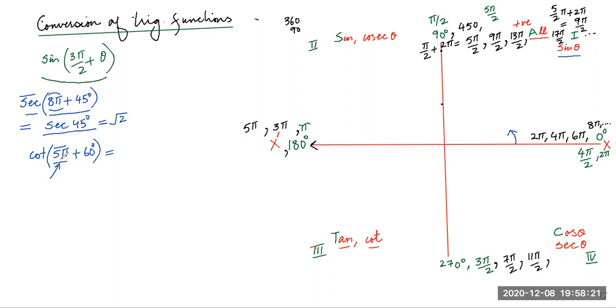Please tell me, students. X-axis. So 5 pi plus theta will be in which quadrant? No, 5 pi is here. So 5 pi plus theta, I am doing plus, so it will be in the third quadrant. Now, Ishma, is cot positive in the third quadrant or negative?